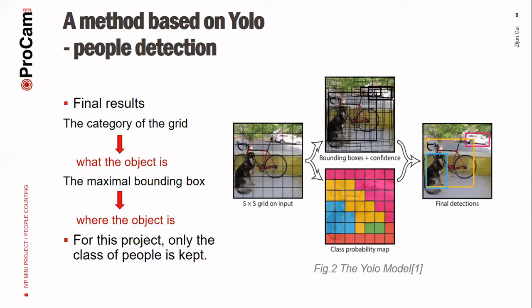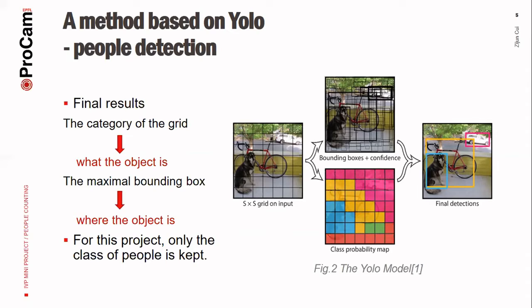And these slides show the model of YOLO. YOLO frames detection as a regression problem. It divides the image into an S by S grid, and for each grid cell predicts some bounding boxes, confidence for these boxes, and the corresponding class probabilities.